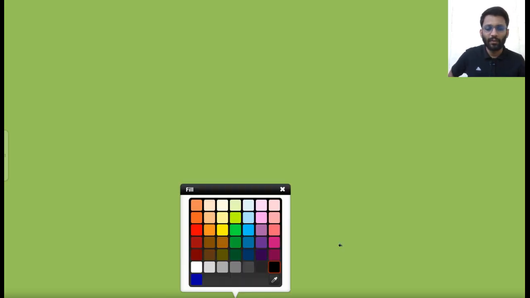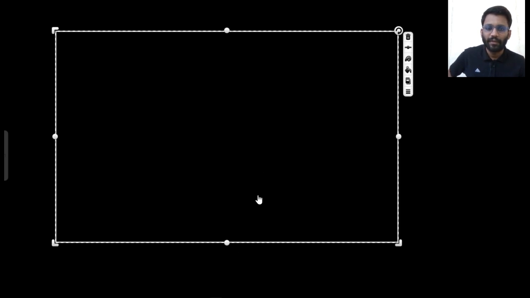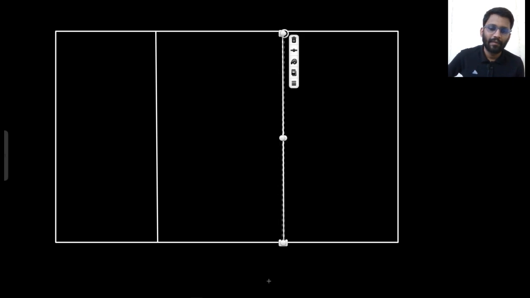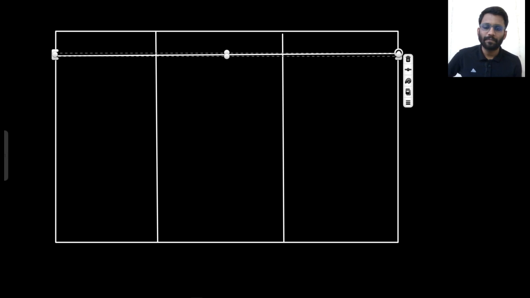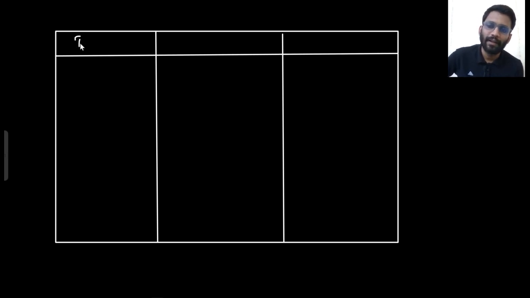So we have studied a lot of non-idealities. So let's make a table now. So here write parameter, and what is the parameter?